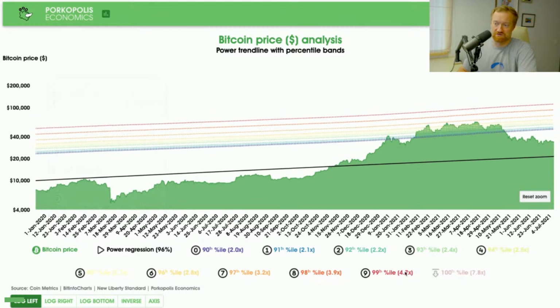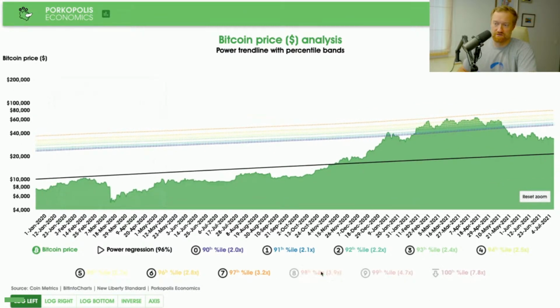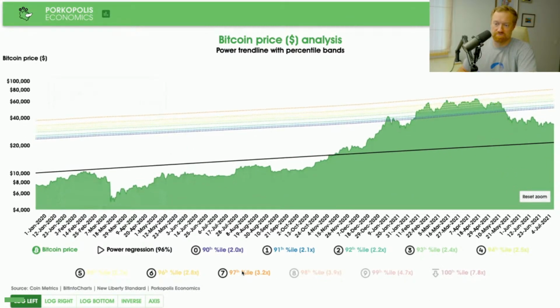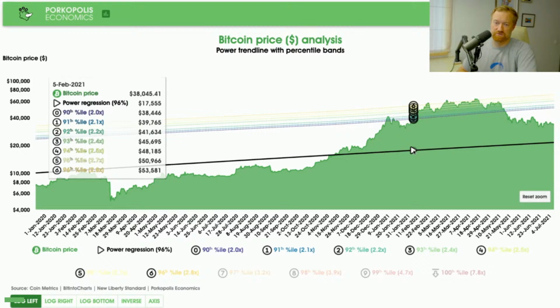So let's actually go the other way now. 4x the trend we didn't do. 3.2x we didn't do. 2.8x we did. Okay, so 3.2x is here. But 2.8x we did. So really brass tacks, boom territory, top territory in 2021. And yes, it went back up again in November. So it threw everybody for a loop, at least me.